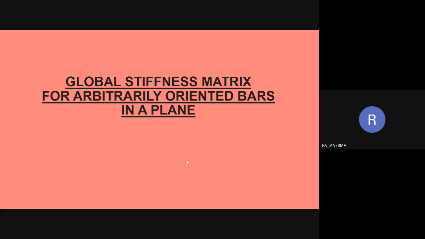Obviously, this sort of a structure finds applications in plenty of structural examples where they are supposed to sustain an external loading. So the technique is going to be explained with the help of an example which we are going to solve.